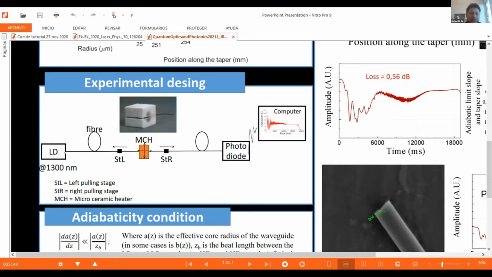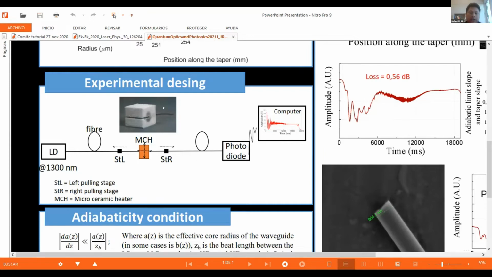We use a laser at 1,310 nanometers. In order to heat the fiber, we use a microceramic heater and two pulling stations to pull the fiber. And on the other side, we use a photodiode in order to measure the power losses during the process.